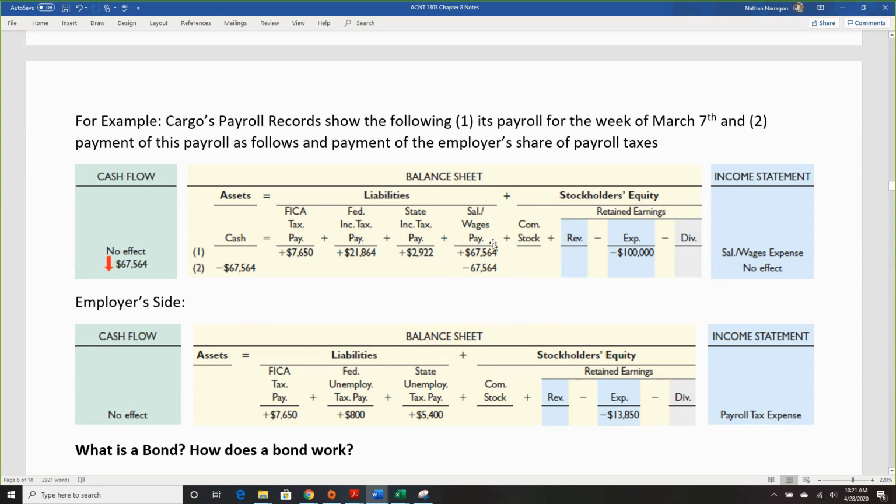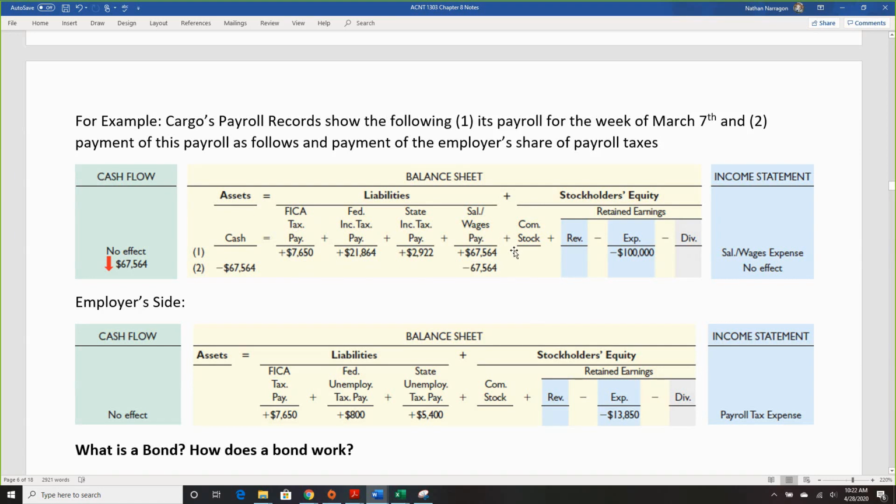And then our total salary and wages are basically our net pay. This is $67,564. Okay? The book's really just going to give you these numbers and go, here you go, just put it in. So, again, just make sure you match the accounts with the right numbers, and then they may leave off gross pay.